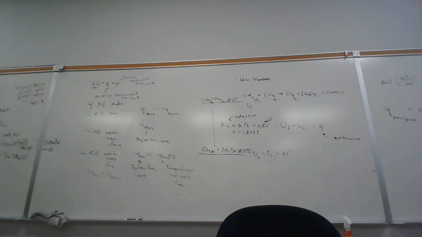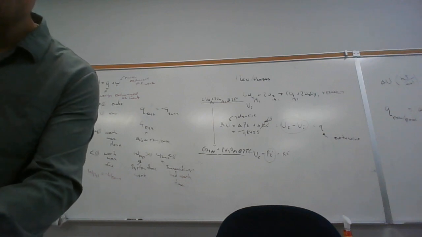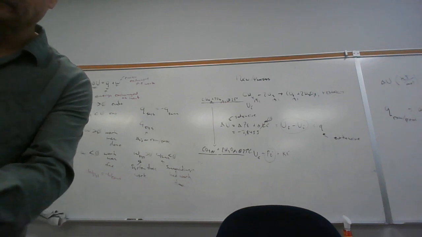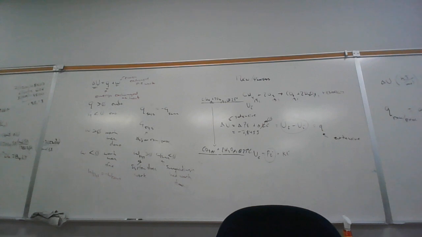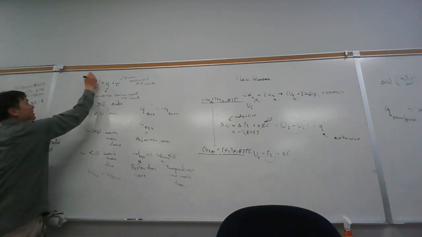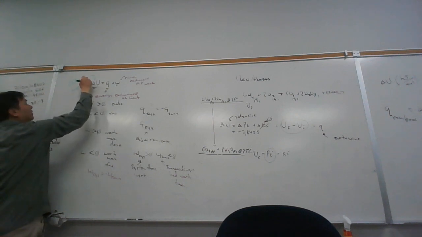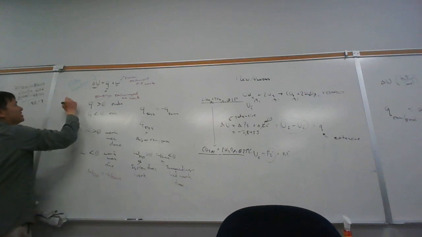Okay, there's that, and then there's one other thing that's kind of weird about this, and that is delta U is what we call a state function. A state function, all that means is it's always the same.